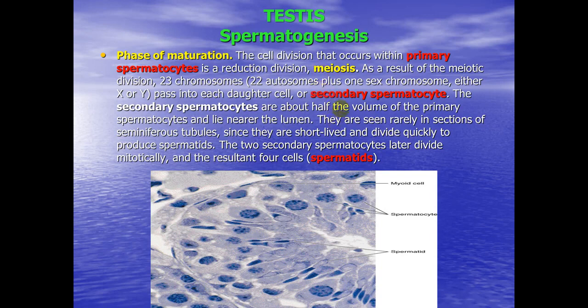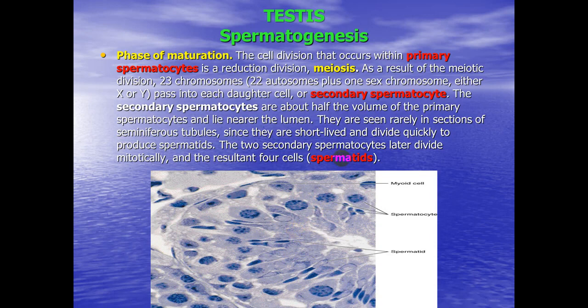During the first phase appear the secondary spermatocytes. Secondary spermatocytes are half of the primary spermatocytes, and now they are also diploid cells with 23 pairs of chromosomes.